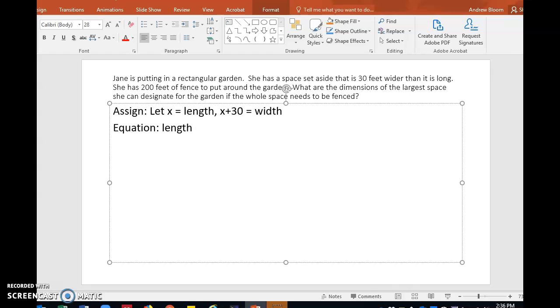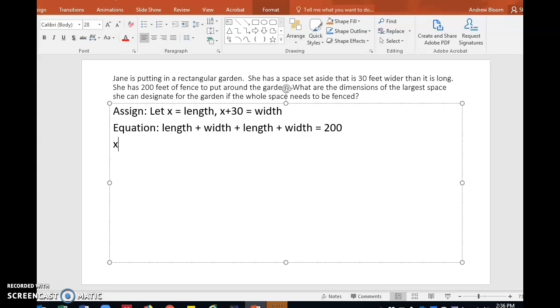In the end, perimeter is always the same. It's the distance around the object. So that's the length plus one of the widths, plus the other length, plus the other width. That's the distance around the outside of our garden, and that's going to be the fence that we have to lay. And we have 200 feet of it.